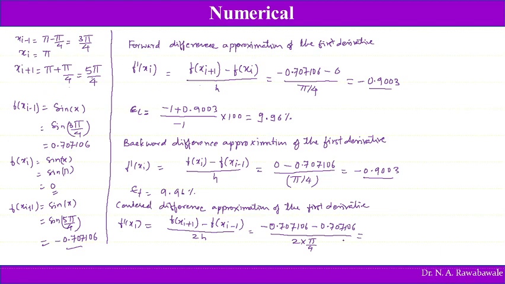Again this is going to be the same, that is minus 0.9003, and the true error is again the same, 9.96%. In all three cases, the true error is 9.96% and the first derivative is minus 0.9003. So now moving to the second derivative.